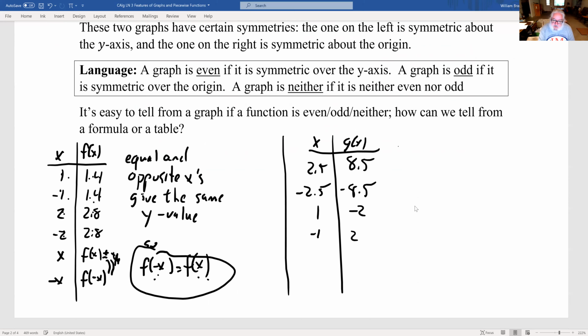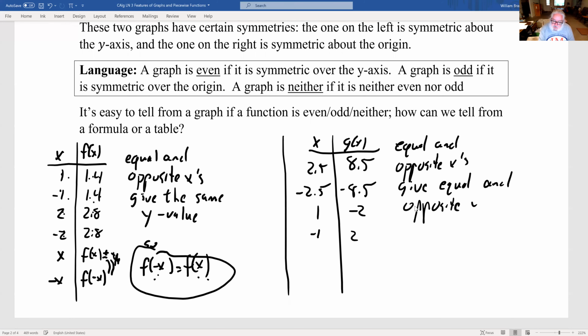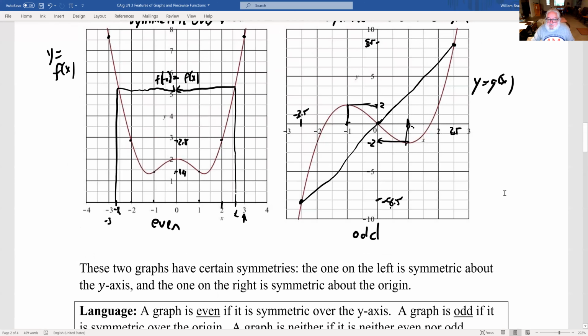And so what are we getting here? Equal and opposite x's give equal and opposite y's. So what happens if I just pick some random x? So suppose we take x to be, this diagram's a little bit cluttered. We'll take x to be some number in here.